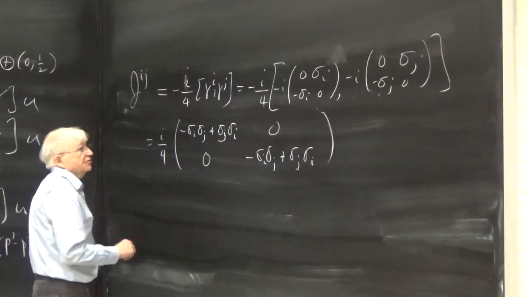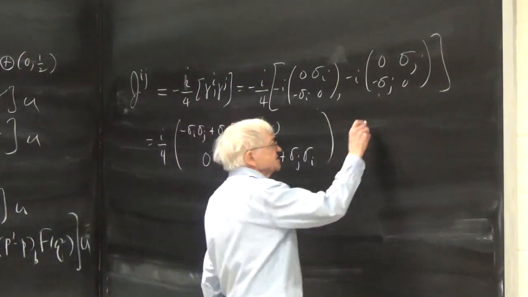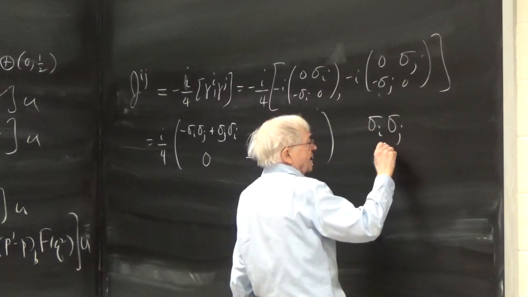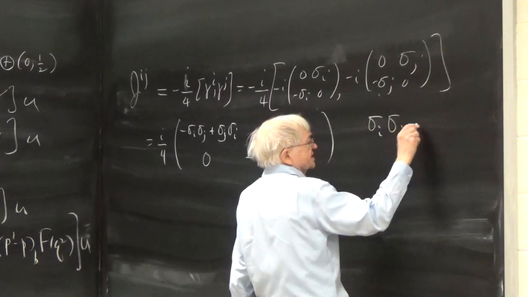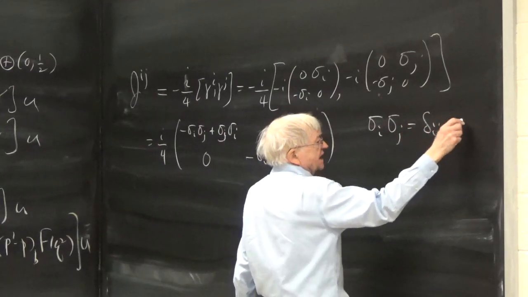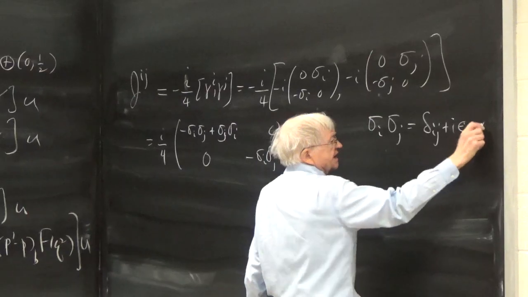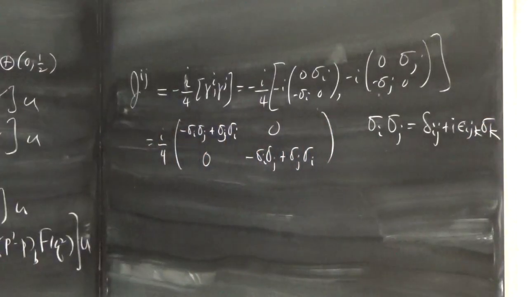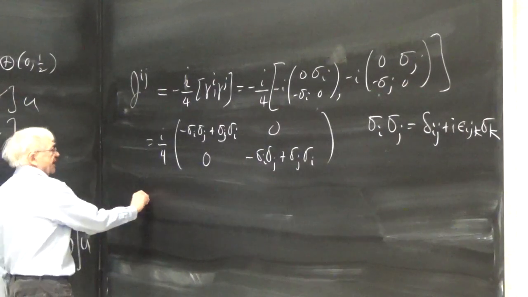And the basic rule for the Pauli matrices is σ^i σ^j, well, actually, a nice rule for this is δ^ij plus i ε^ijk σ^k. I'm doing that directly from memory, so let's just see how this pops out.